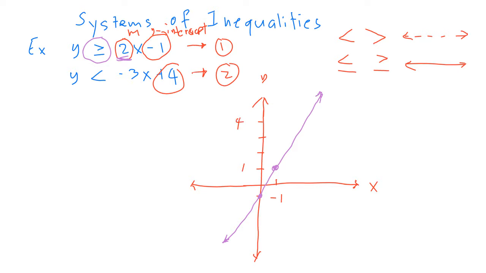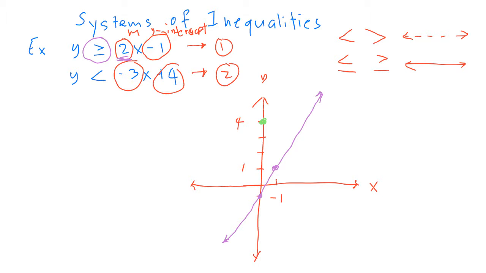So our first point on the second inequality is a positive 4. And then our slope is negative 3, so that's our m there. We have to go down 3 units from 4: 1, 2, 3, and move to the right 1 unit.